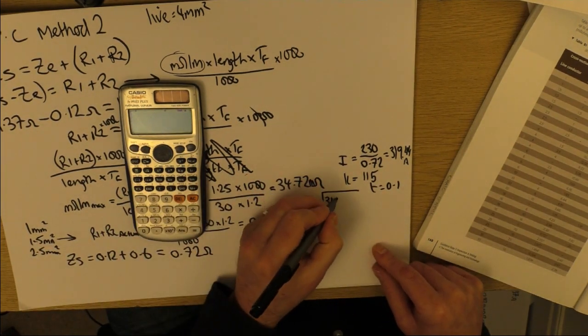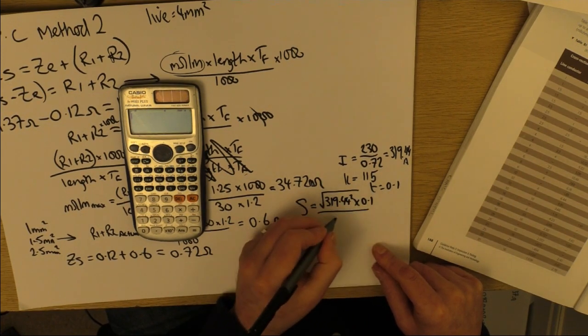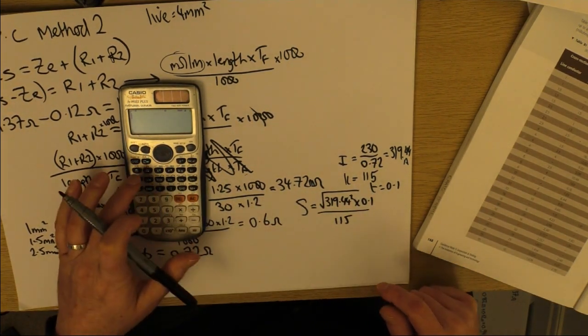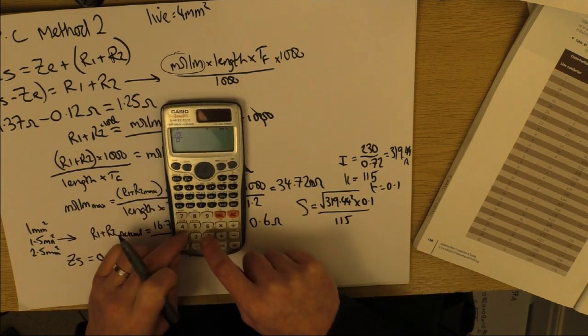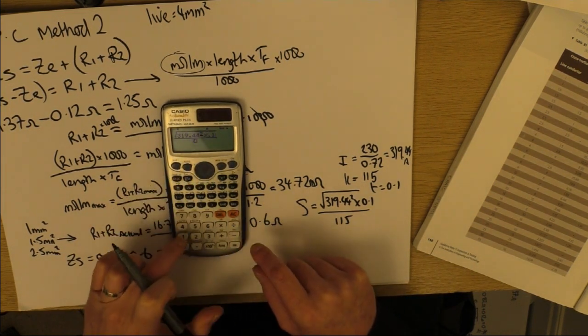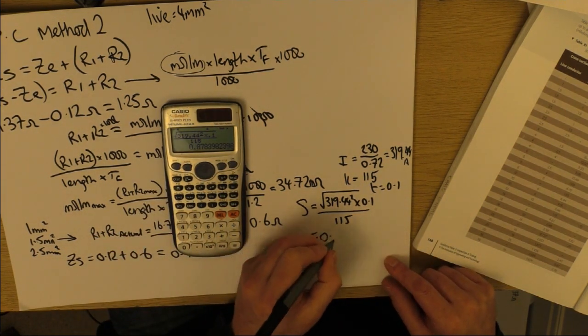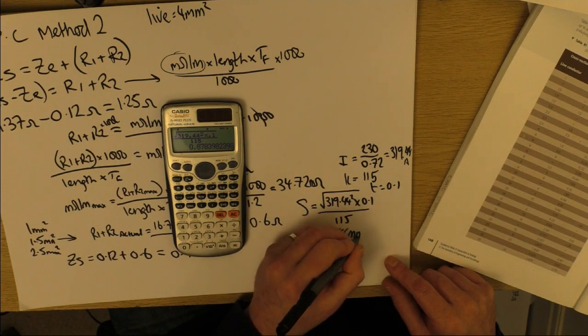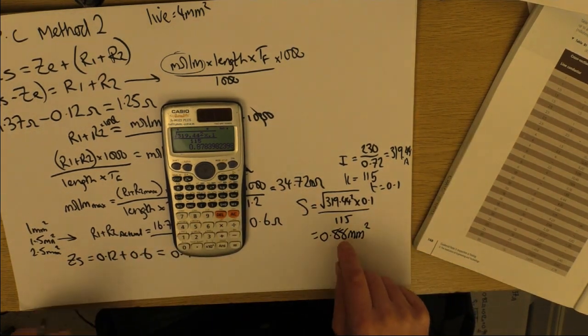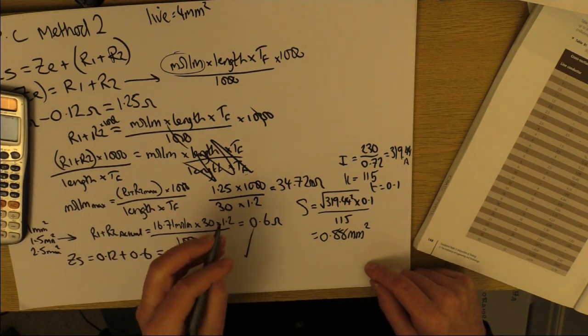So 319.44 squared times 0.1 over 115. You know what it's going to be. 88 millimeters squared. So the one we chose is more than that, so tickety-boo.